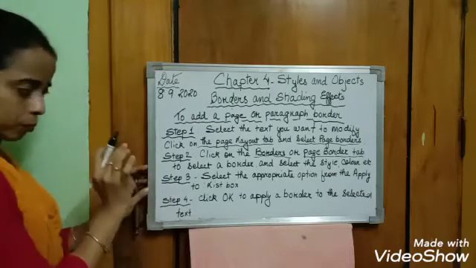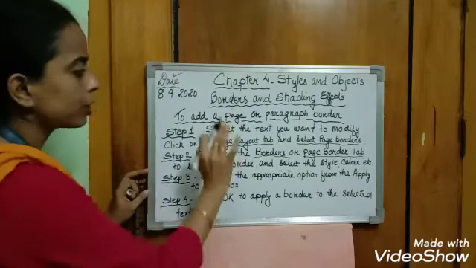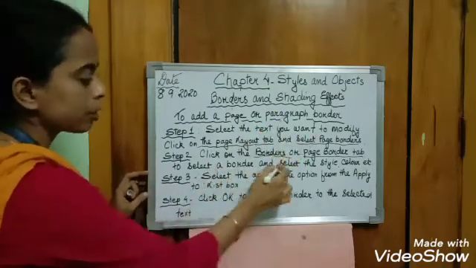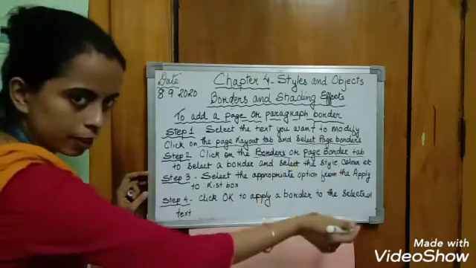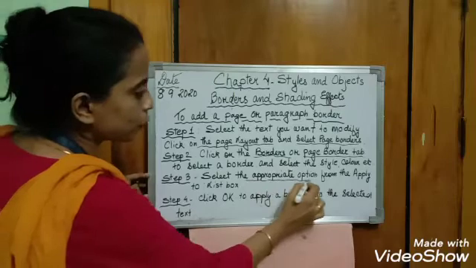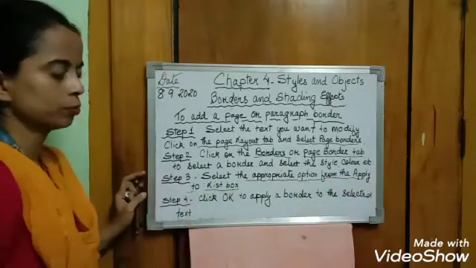Understood? Now come to step number 3. After clicking on the Borders or Page Border tab, selecting the border, then select the style, color and all. Step number 3: select the appropriate option from the Apply To list box.